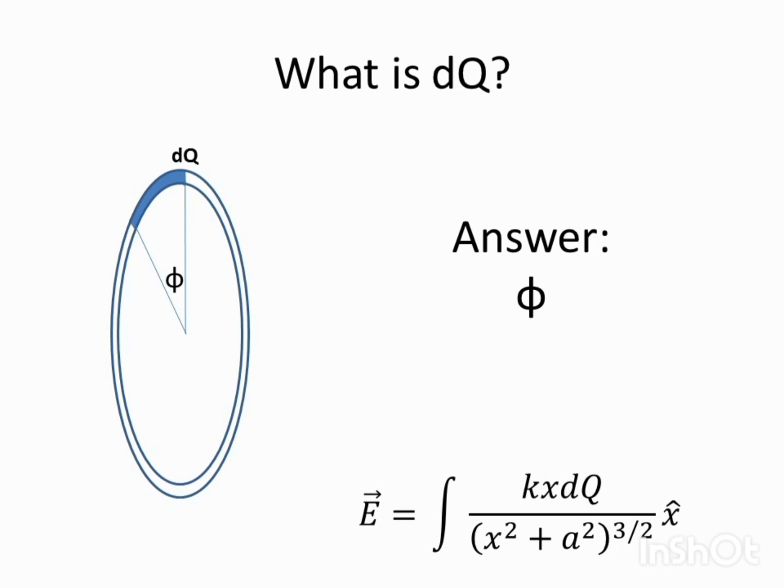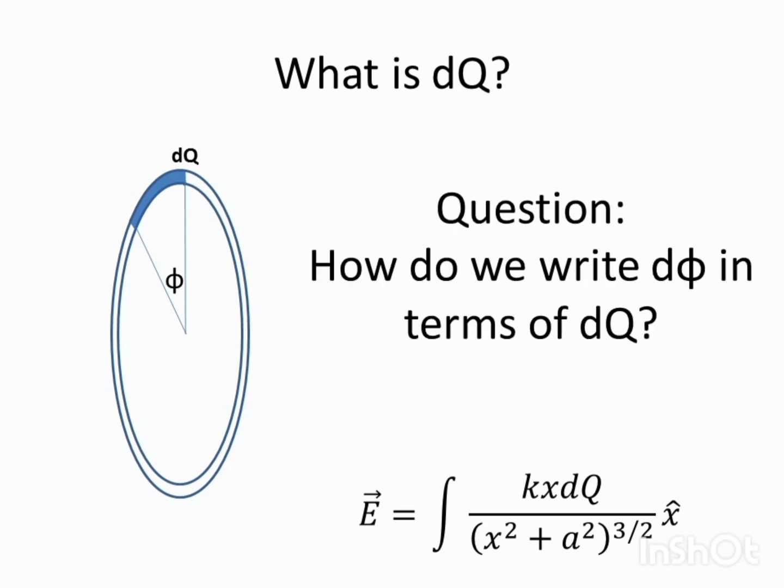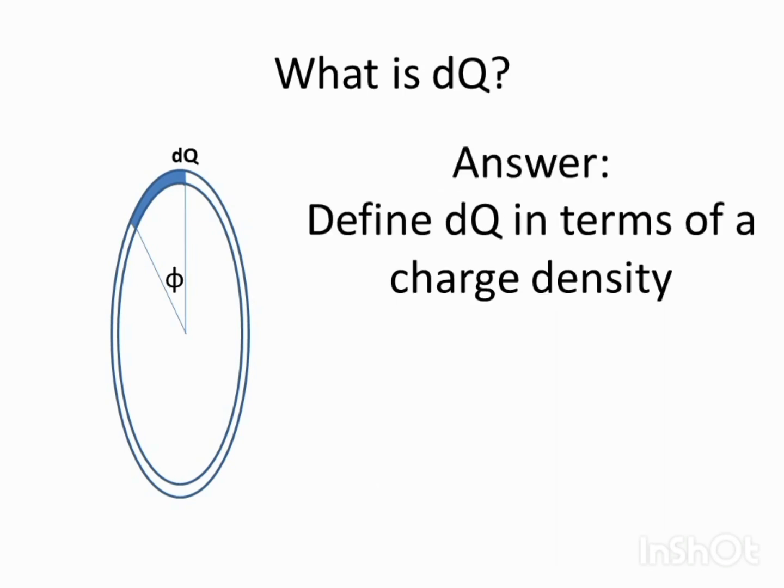If we sum up all the dq's by going around the ring, in other words by going around the angle phi, we should obtain the total charge Q in the end. But how do we write d phi in terms of dq? For this, we come up with a charge density that is dependent on phi. Because the charge is evenly distributed around the ring, we know the ratio of charge to angle must be uniform throughout.